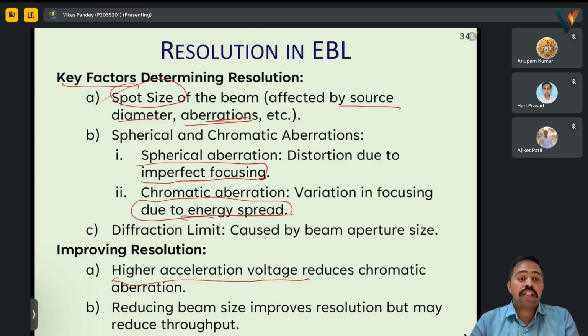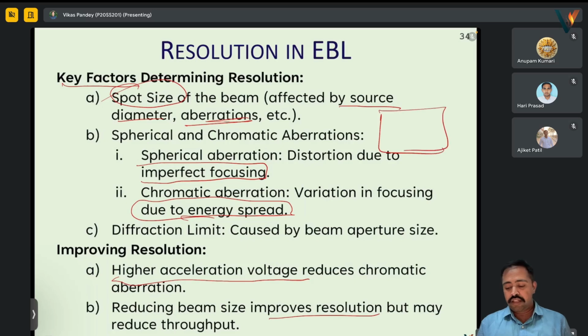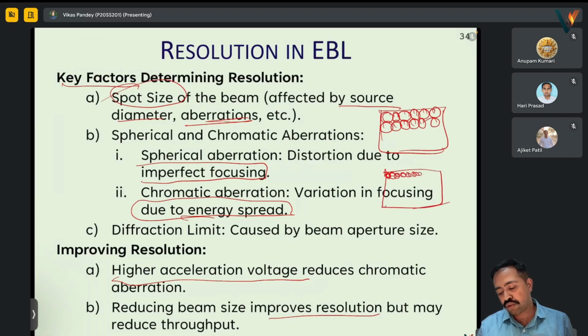Also, if the spot size is reduced, that is, finely focused, that will also improve resolution. But in that case, if this is the substrate and the beam scans this area, and we reduce the beam size, the time taken to scan will be much larger, so throughput will be less. It will take more time to scan the whole area. So at the cost of time, we can improve the resolution.